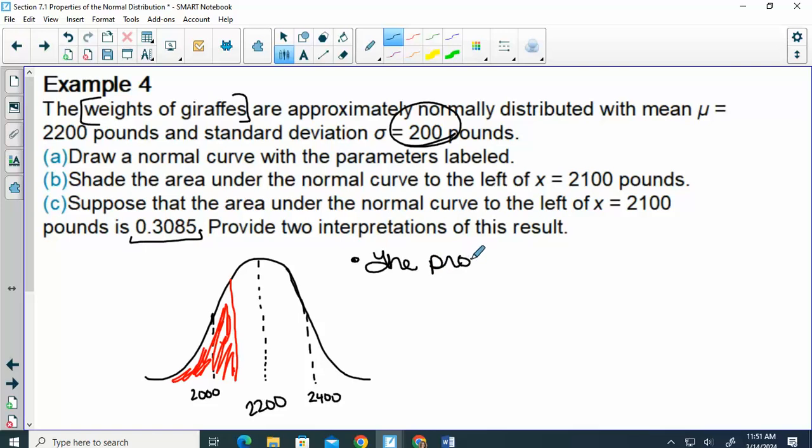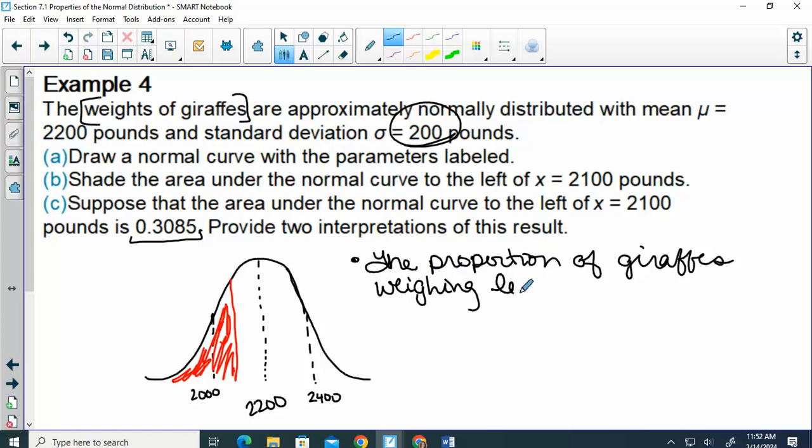Or we could write it as a proportion if you didn't want to do a percent. So you can write this as the proportion, or of our giraffes, 30.85% weighed less than 2,100. That's the first interpretation. What is the second interpretation?